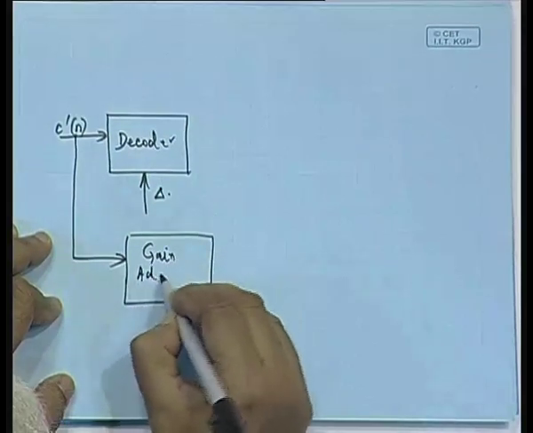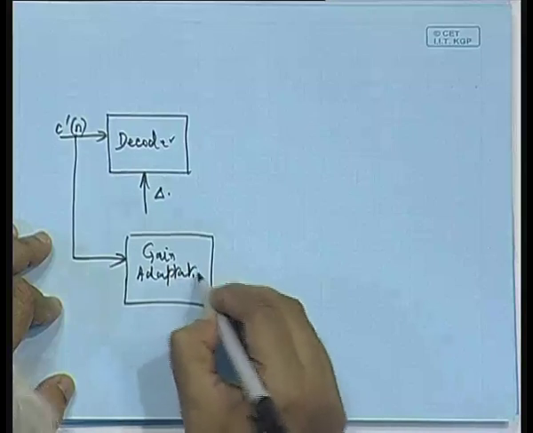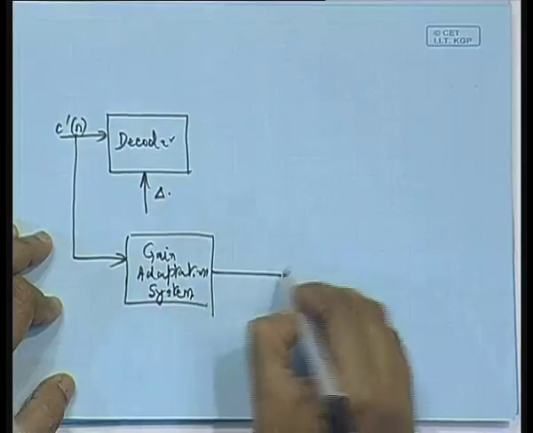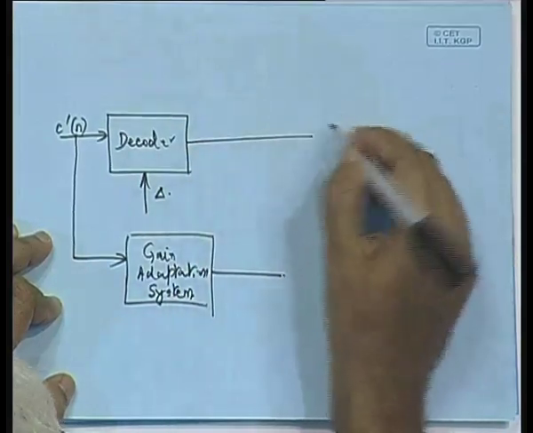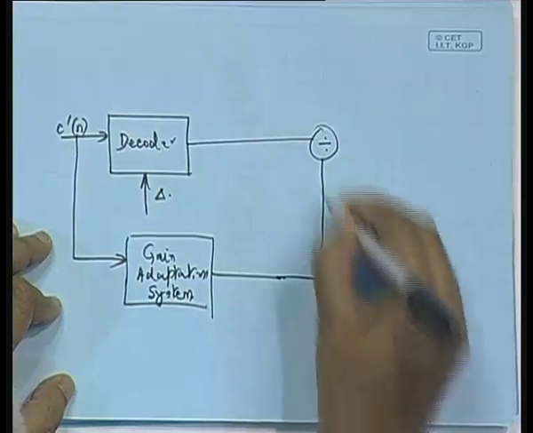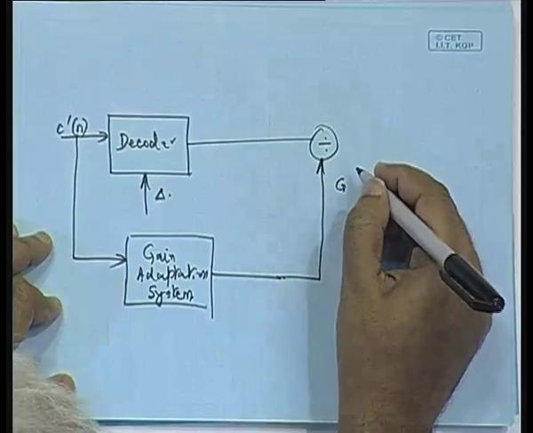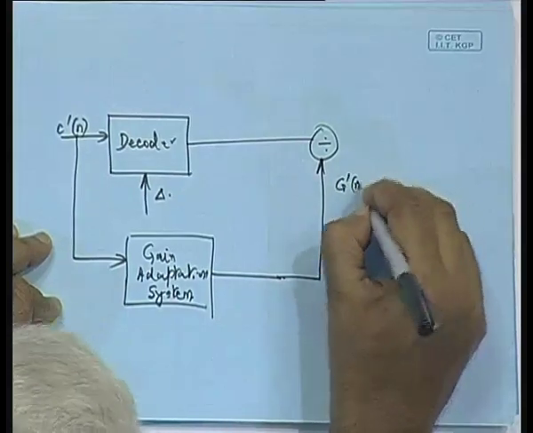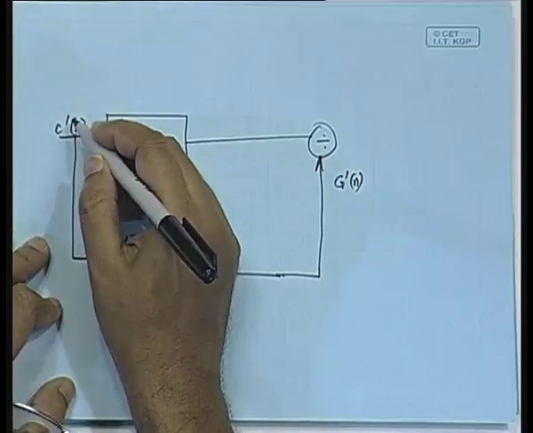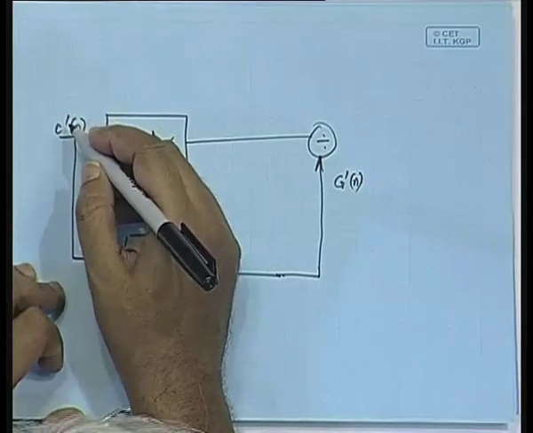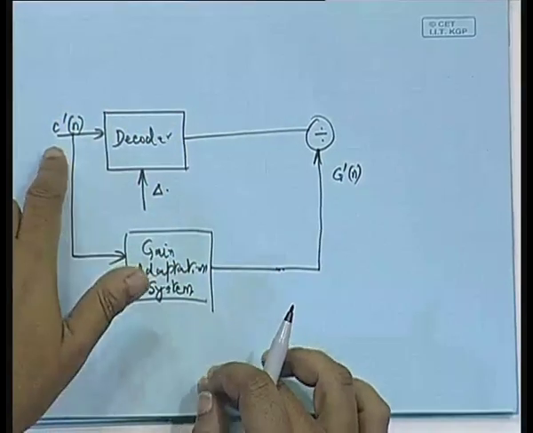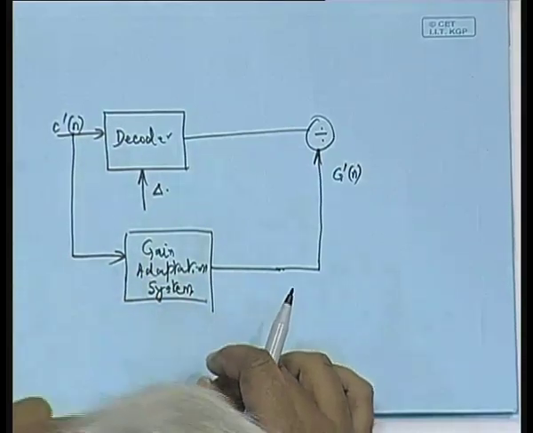The gain adaptation will be in a similar way for both encoder and decoder, and then we will have here a division block, and this will be G prime of n, because the input is C prime of n, which is ideally equal to C of n in the case of noiseless channels, but in the case that it is corrupted by noise, we call it C prime of n.